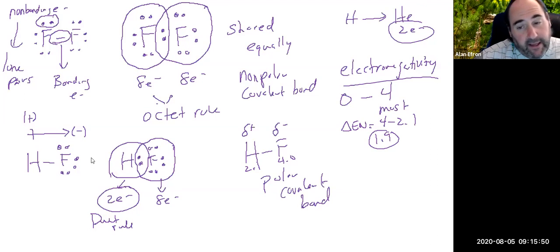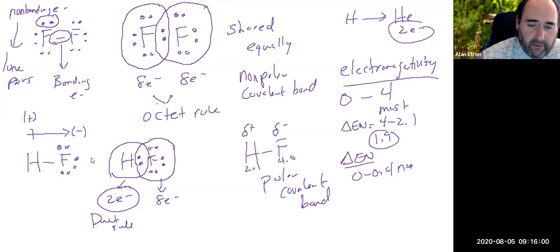And that would imply a polar bond because we have certain cutoffs. If you remember, a difference in electronegativity of 0 to 0.4 is considered a nonpolar bond. If it's above 0.4 to below 2, it's a polar bond. And usually above 2 is an ionic bond.